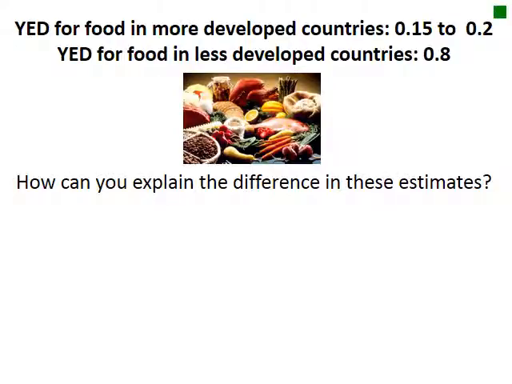The income elasticity of demand for food in more developed countries is 0.15 to 0.2, so fairly inelastic. The income elasticity of demand for food in less developed countries is 0.18. So what would be the difference in these estimates? Well, chances are in a developed country, hopefully most people are having enough food on their plate, on the table.